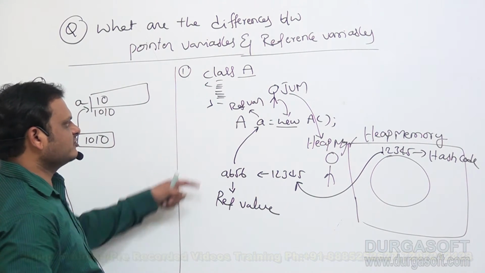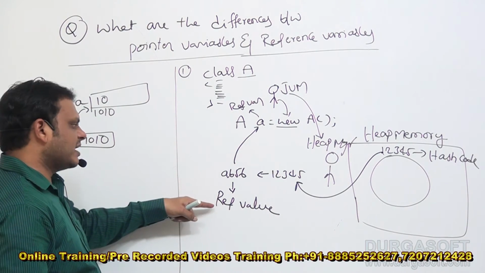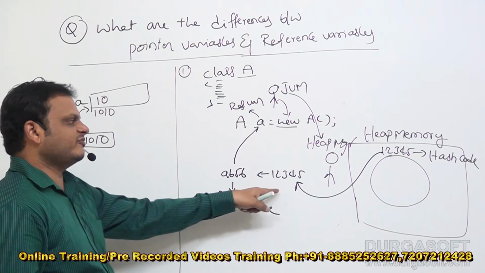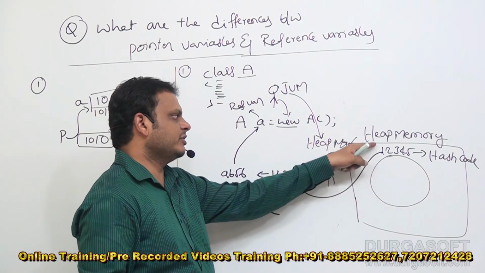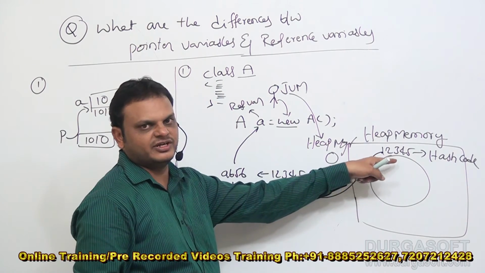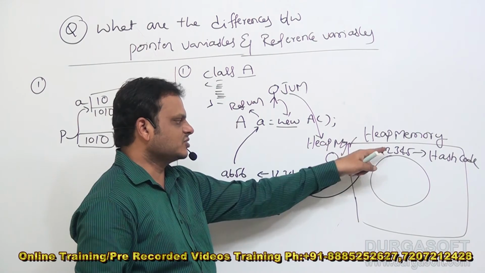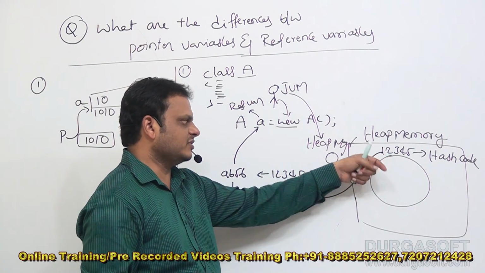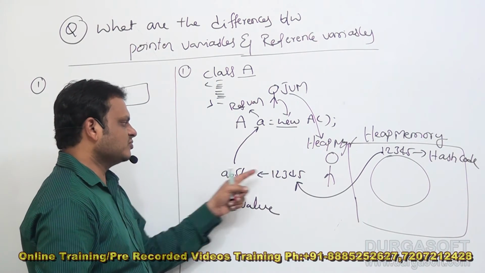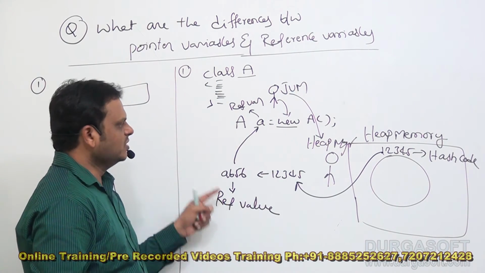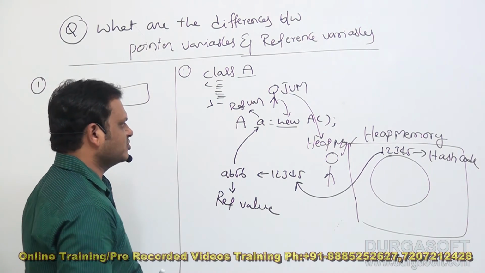So here the reference variable is storing the reference value of an object. The reference value is nothing but the hexadecimal form of the hash code. This hash code is a unique identity for the object prepared by the heap manager, in the form of an integer value, which is converted to hexadecimal form. That reference value is assigned to a variable, and that variable is called a reference variable.